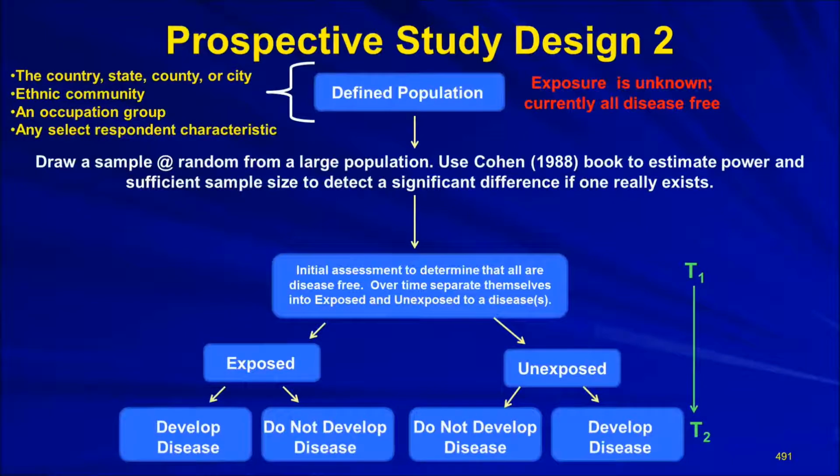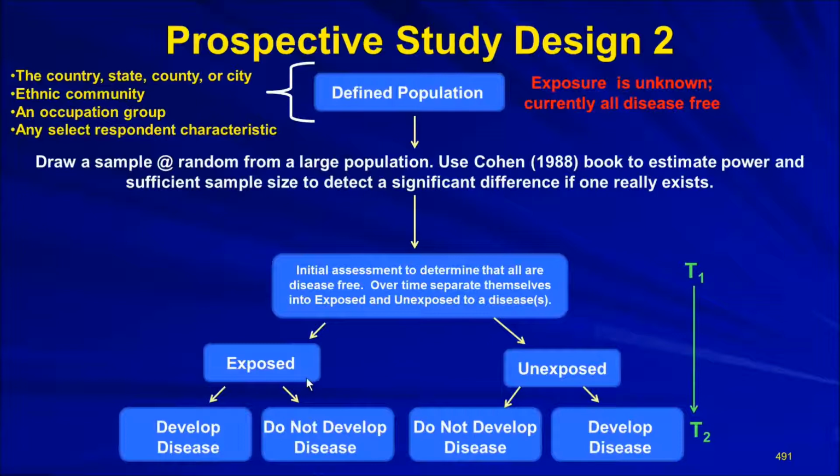Now we do an initial assessment to determine that all are disease-free, and over time these people are going to separate themselves into two groups. Okay, and you can see the time period we're representing over here. So over time something's going to happen to them, and depending on the outcome variable of interest, they're going to either be exposed to something that you're studying, or they're not going to be exposed. Or you may have a wide variety of things that you're looking at, and normally that's the case, and you detect the exposures.